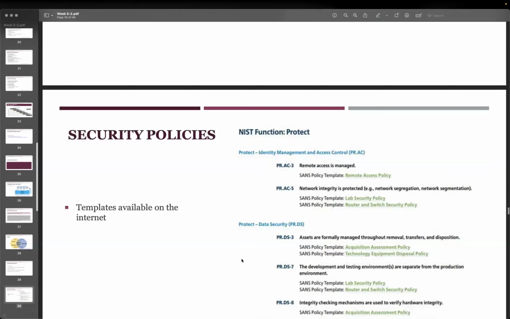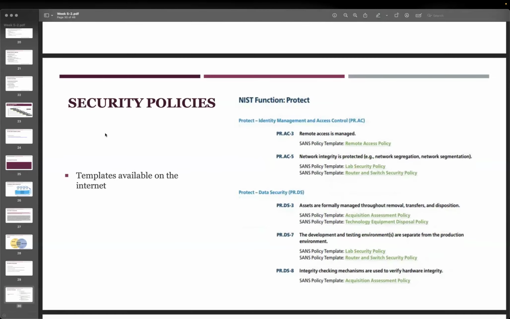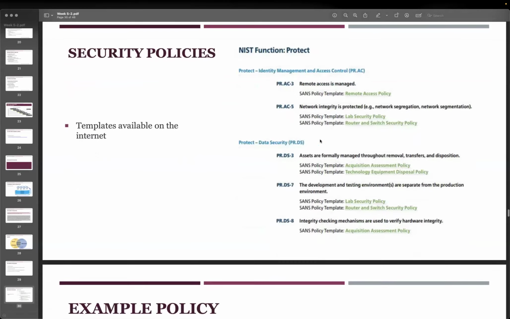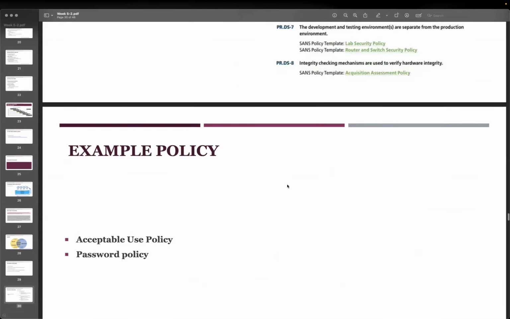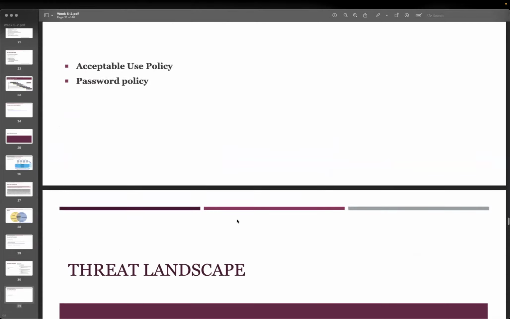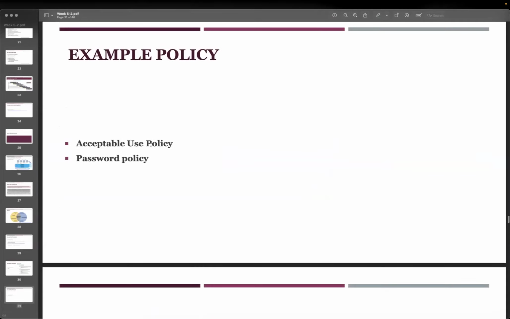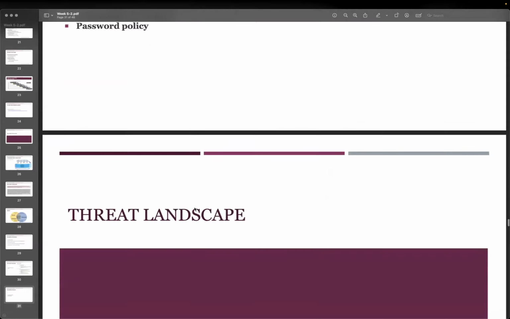For security policies, there are different templates available on the internet. You don't have to memorize them, but you just need to know you can get certain templates for protection, data security, or identity management and access.